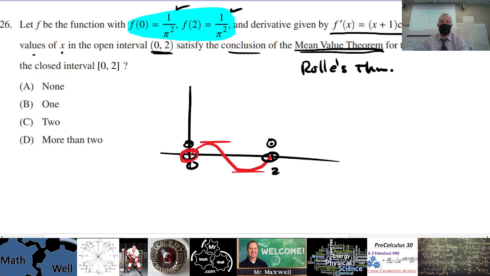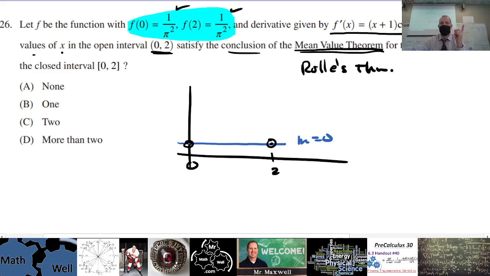Because the mean value theorem says that there has to be a point whose derivative is the same as the slope of the secant line from beginning to end of the interval. Because these two values are the same, we have a secant line with slope equal to 0. Okay, so we're good so far.